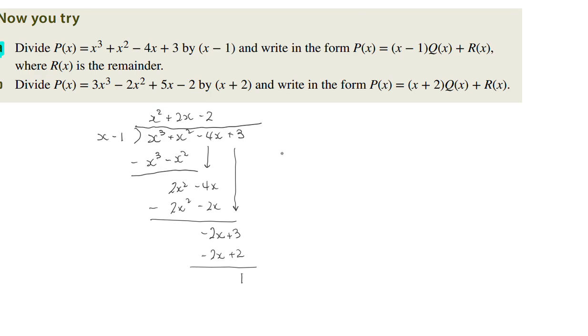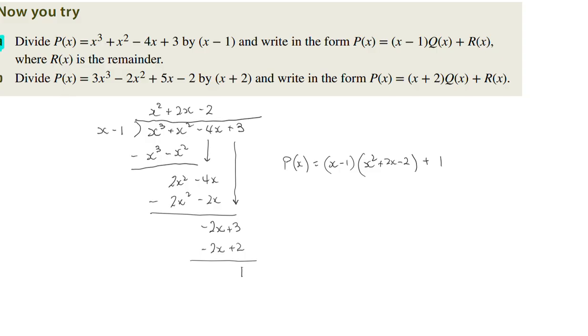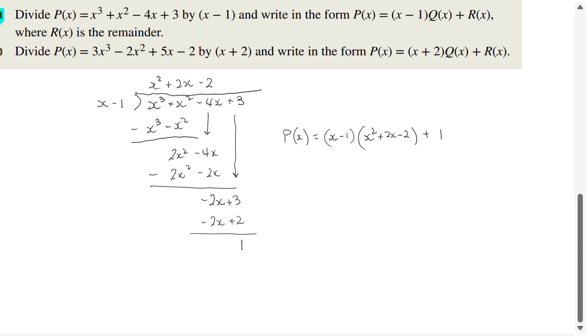So P(x) is equal to x minus 1 by Q(x), which is my x squared plus 2x minus 2, plus 1. Right, we're done. Now have a go at B and do the same now. Pause the video and come back to check your answer.